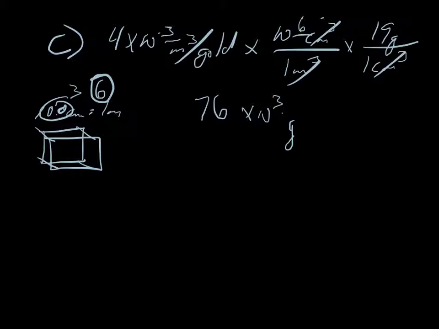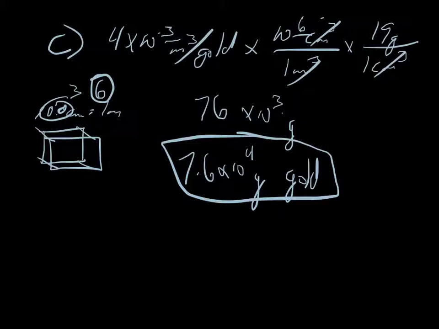But that's not scientific notation, so you got to break it down one more, so it'd be 7.6 times 10 to the 4th power grams. Okay, gold. And then that's how many grams of gold we're gonna get.